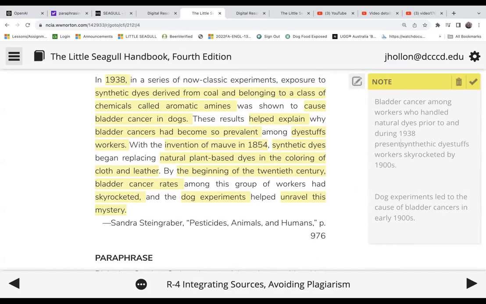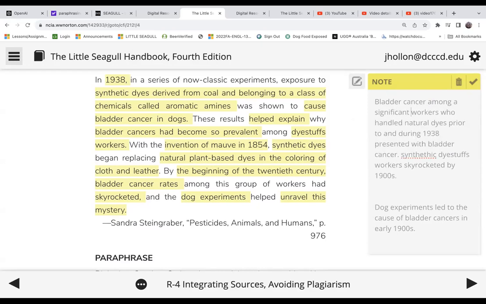Presented with bladder cancer. I'm going to say a significant number because it had to be enough that they would do experiments.